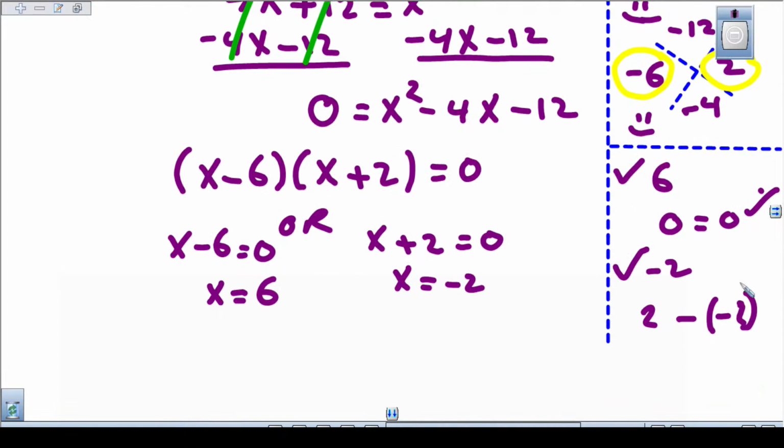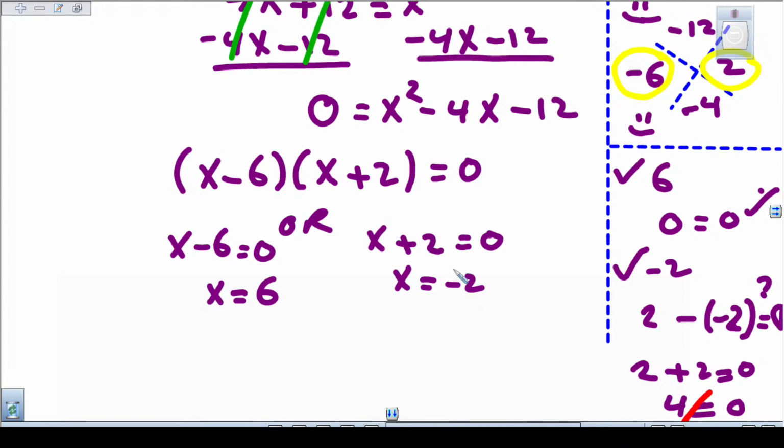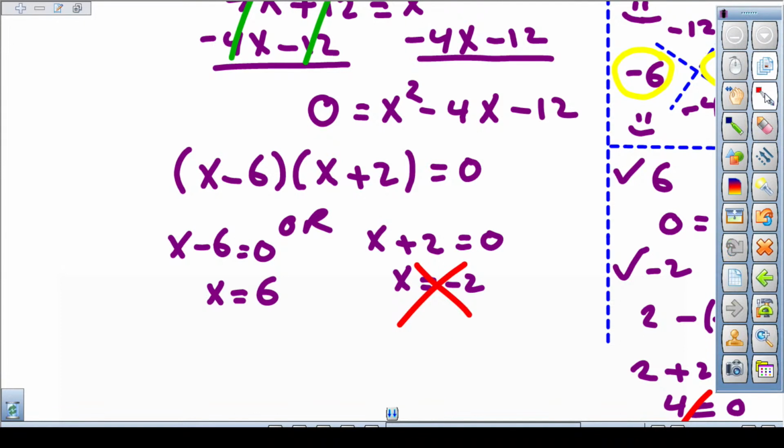Is that equal to 0? Well, let's take a look. 2 minus negative, that's +2. Well, this means that's not true. This is 4 equals 0. Well, 4 does not equal 0. That's why I have to reject this solution. So we have to reject this solution here and only accept x equals 6. X equals 6 is my only solution in this problem.